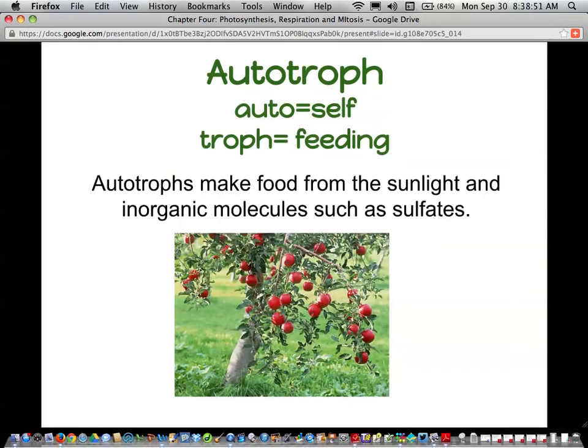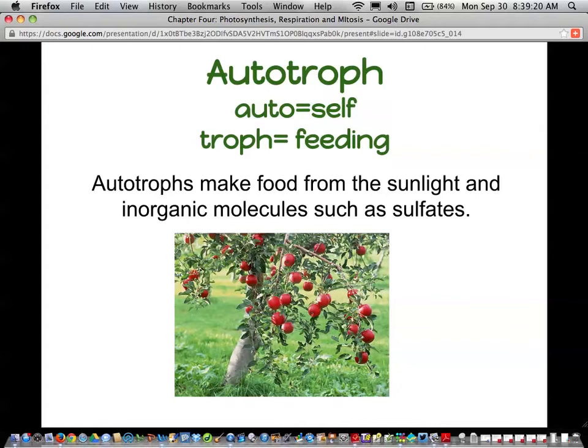Autotroph. Autotroph, this is a vocab word you're going to need to know. Auto means self. Troph means feeding. So these are self-feeders. They get their energy from sunlight and inorganic molecules, such as sulfates.